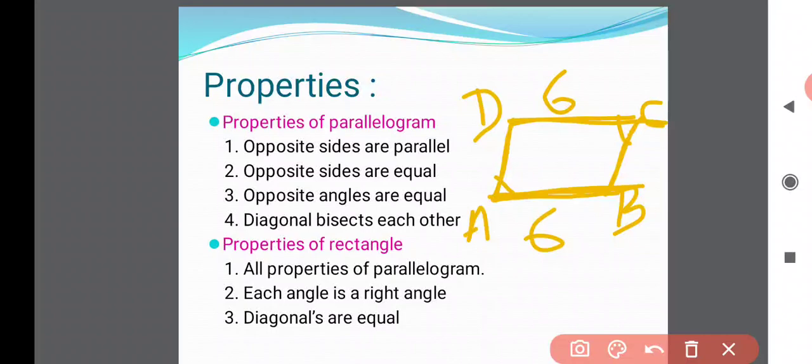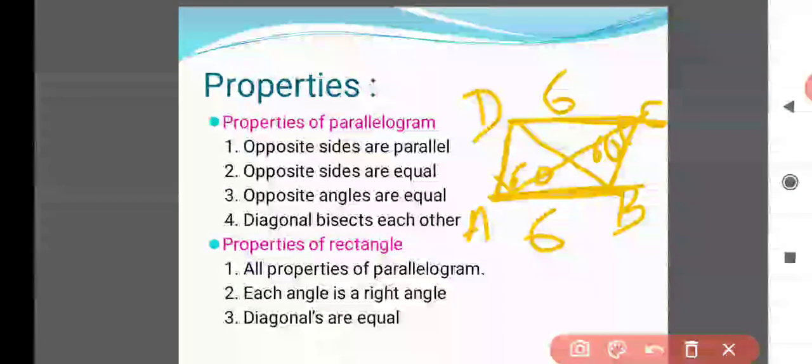They are equal. Suppose if it is 60 degrees, the other will be 60 degrees. Fourth property is diagonals bisect each other. We know that in a quadrilateral we have two diagonals, and these diagonals bisect each other at the point of intersection, meaning they divide each other into two equal parts.